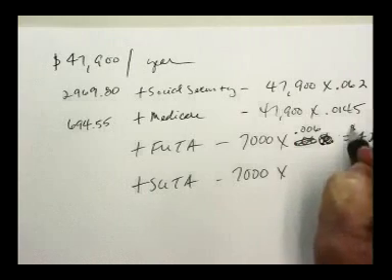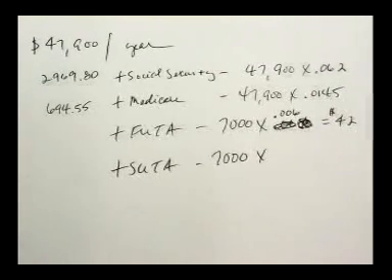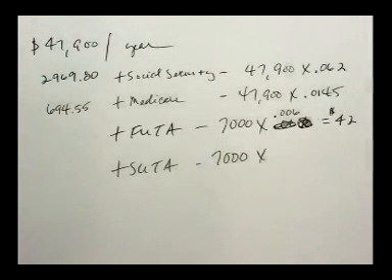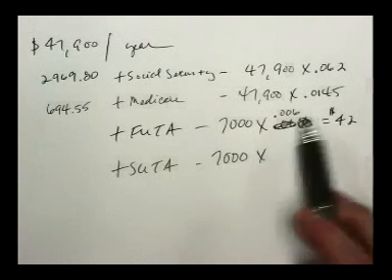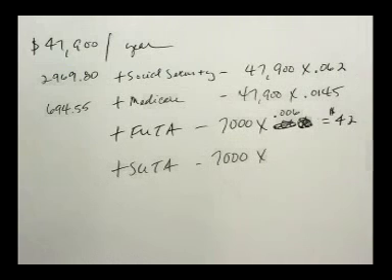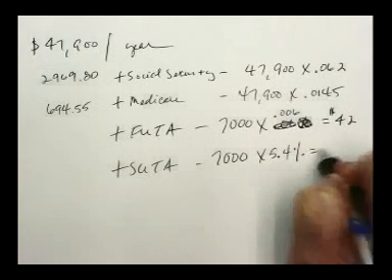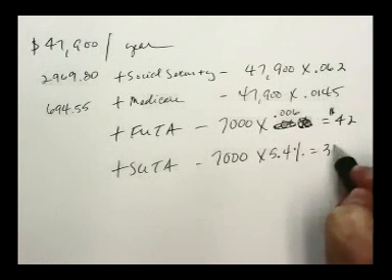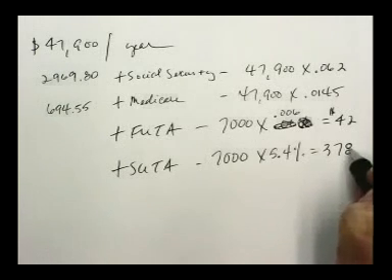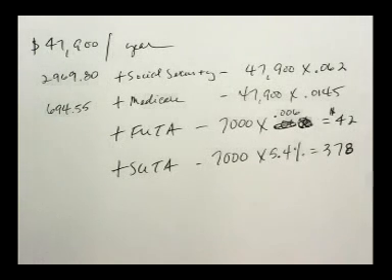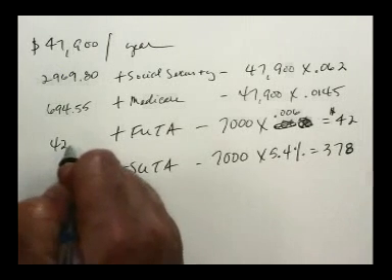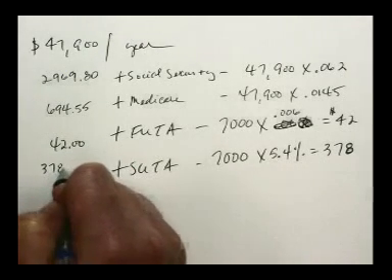The maximum amount for purposes of this book that we pay into FUTA per employee is $42, or 7,000 times 0.006, which is 0.6%. SUTA, for the purposes of this book, is 5.4% up to 7,000, and that always computes for this course. The maximum SUTA payment would be $378. So we'll add $42 over here and $378.